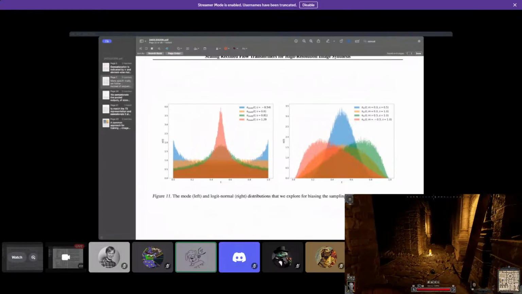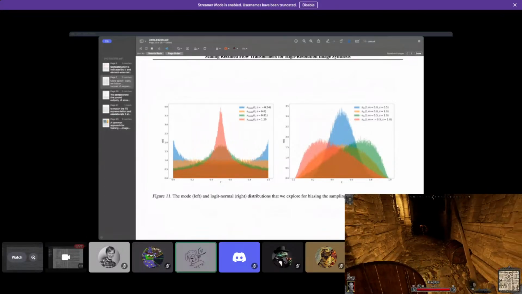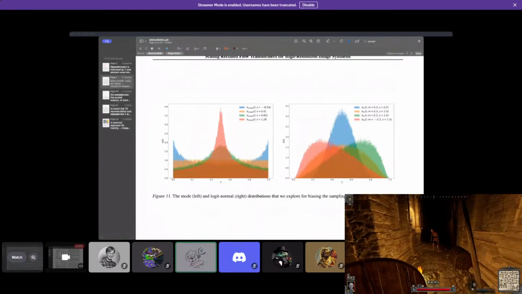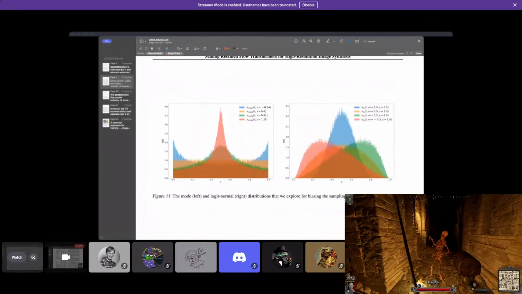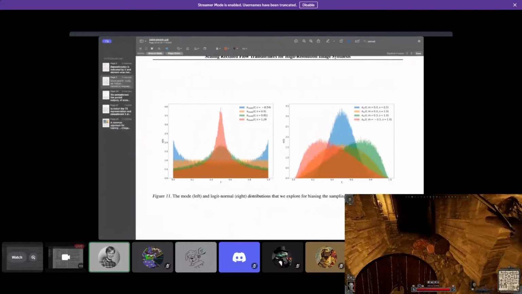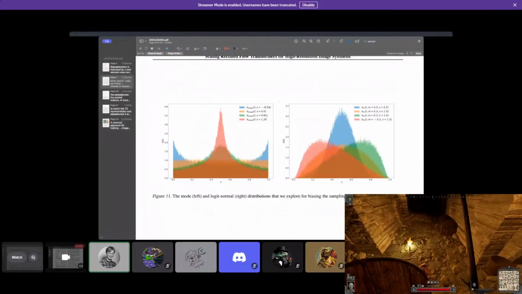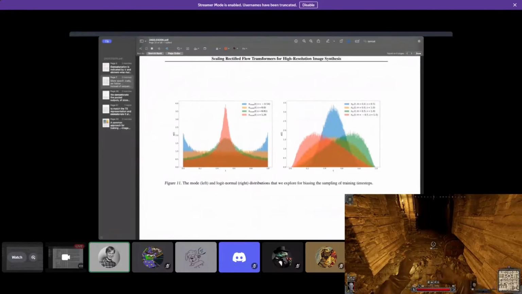So that would lead to a different path through the space of noisy images. So these are literally the training samples.